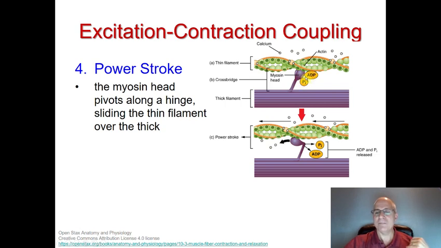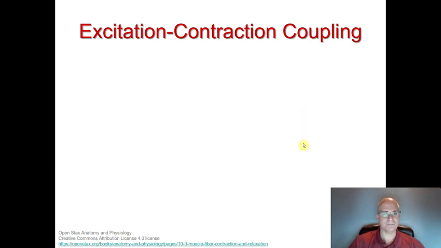When the energy has been stored in our myosin head here, when the cross bridge occurs, this energy is going to be released. So we're releasing the phosphate and the ADP here. That myosin head then can shift, moving the actin over the myosin a little bit. After we've had our power stroke, we now have what's called the recovery stroke.